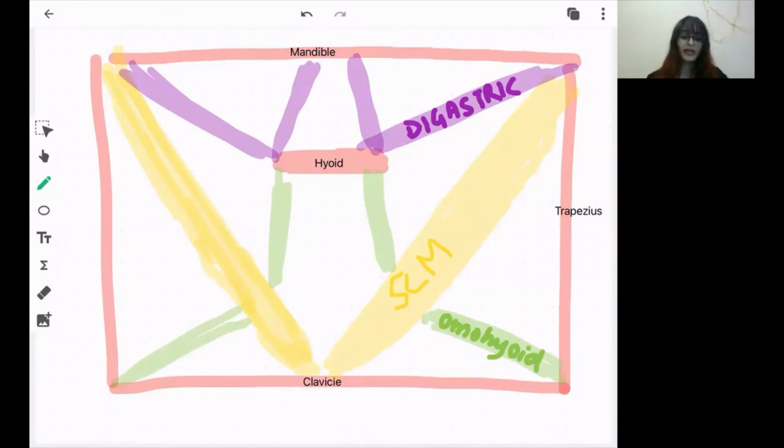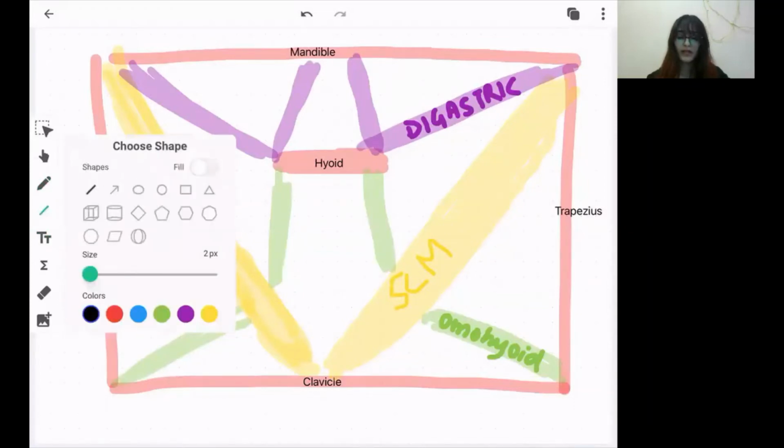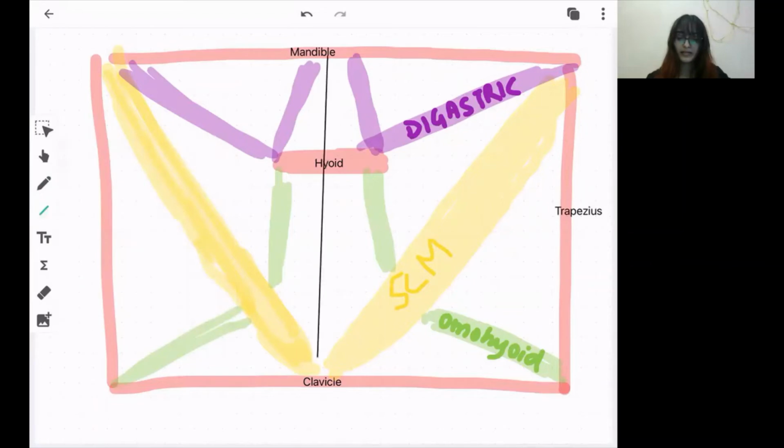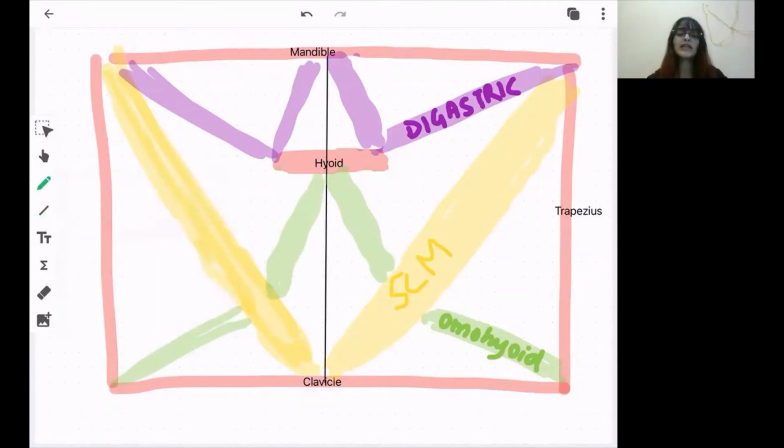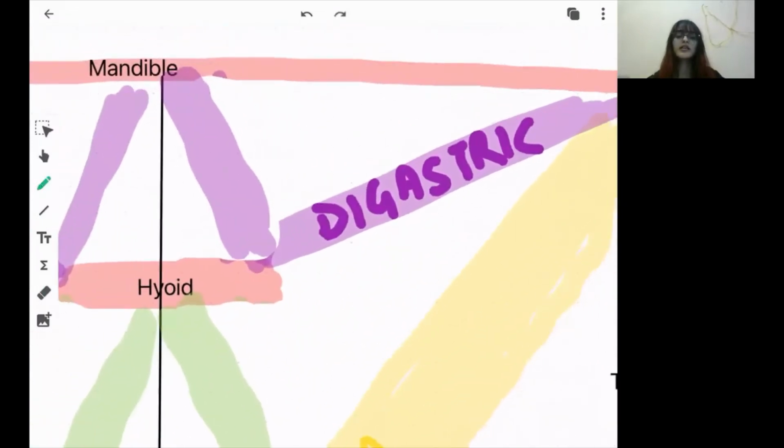Also, we can make the midline here. It will be easier to divide the triangles. Okay, so let's now start with the triangles. The submandibular triangle, sub means below the mandible.